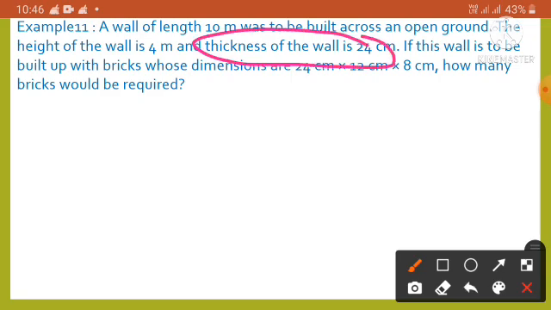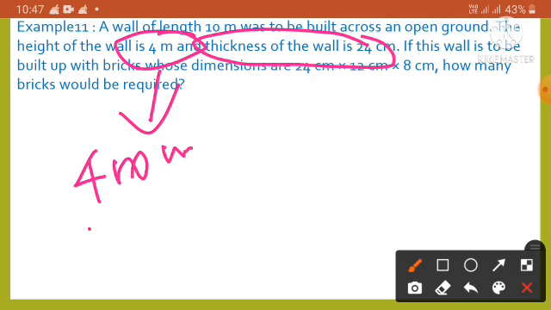Now thickness of the wall is 24 centimeter and the height of the wall is 4 meter. So we have to make it in centimeter, that means height is 400 centimeter. So what is the volume of the wall now?